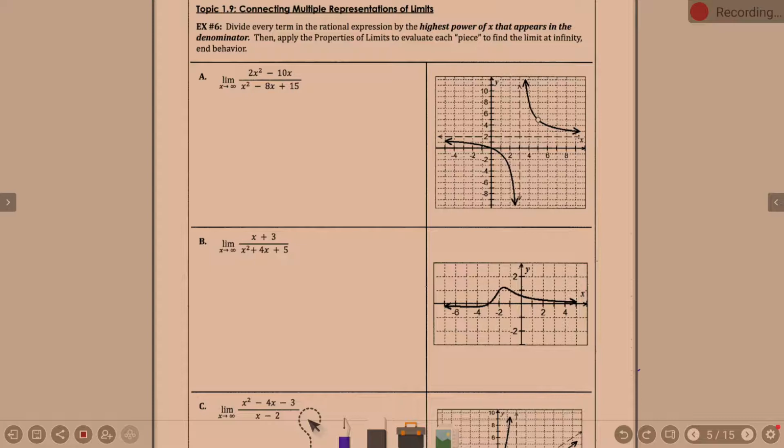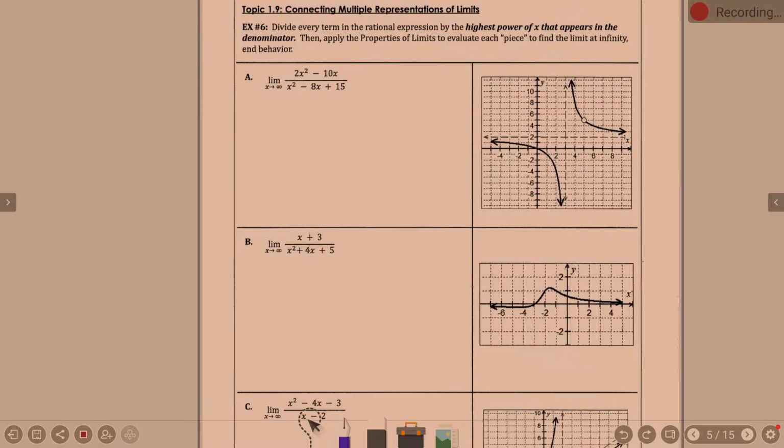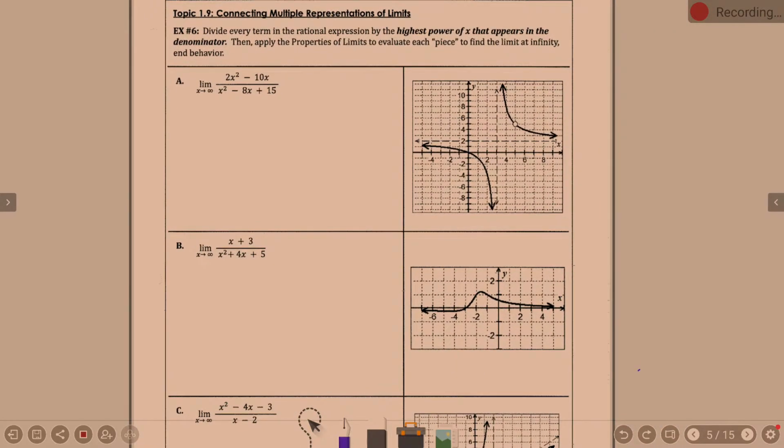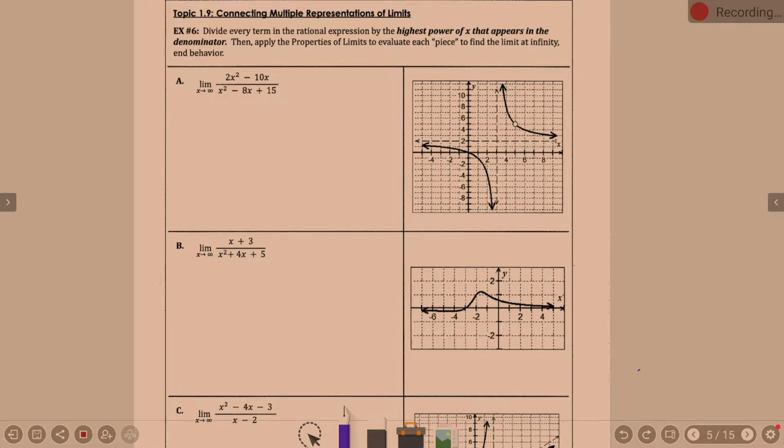Okay. Anyways, in order to do some of these limits, looking at the calculus view, we can talk about a division method, where we divide every term in the rational expression by the highest power of x that appears in the denominator. Then we can apply our properties of limits to each piece.